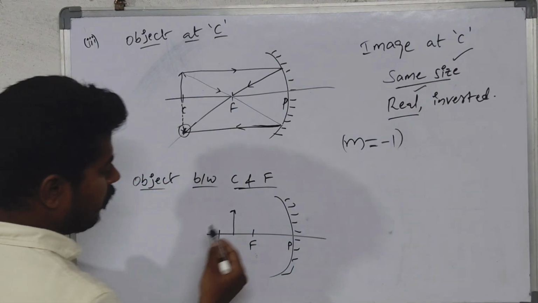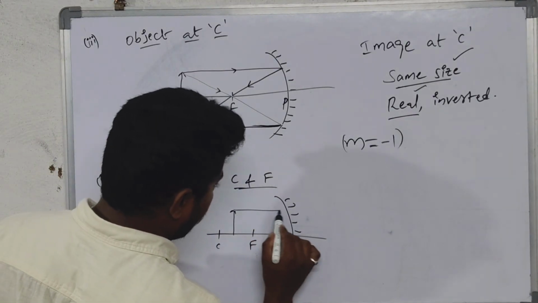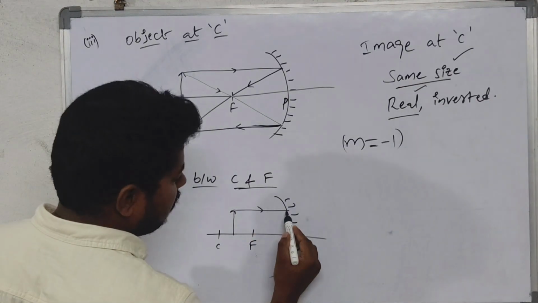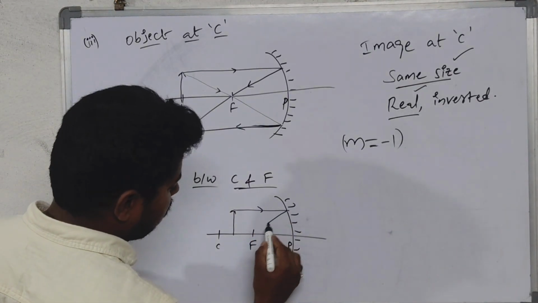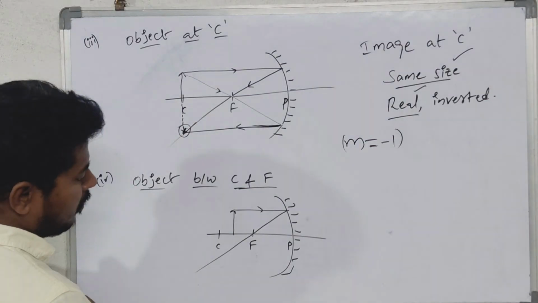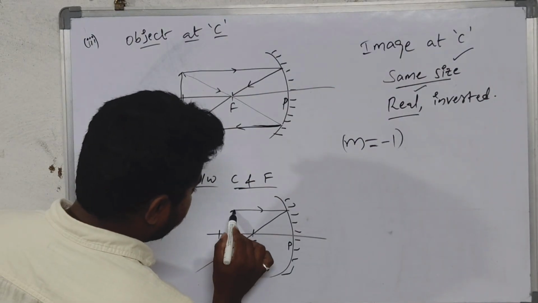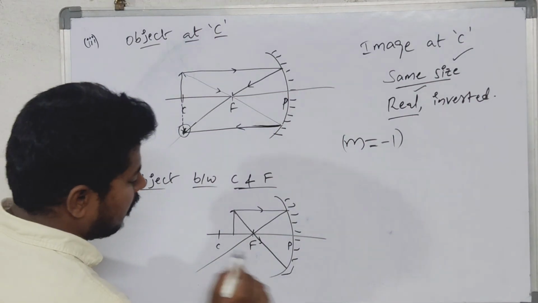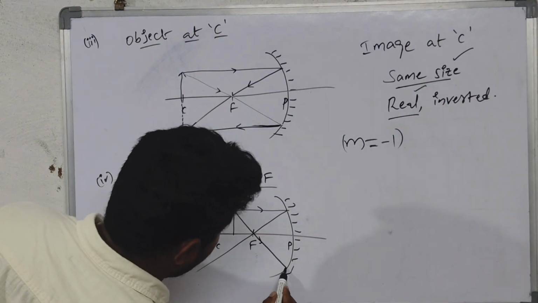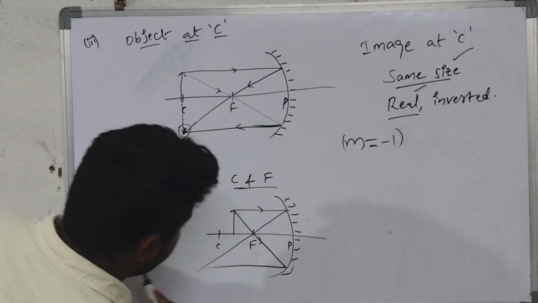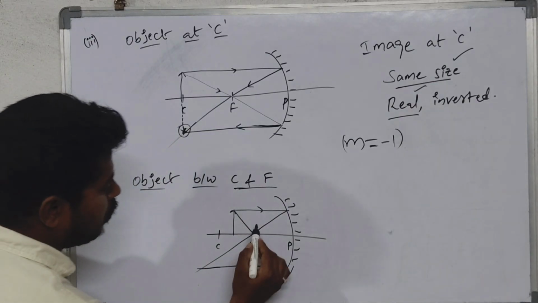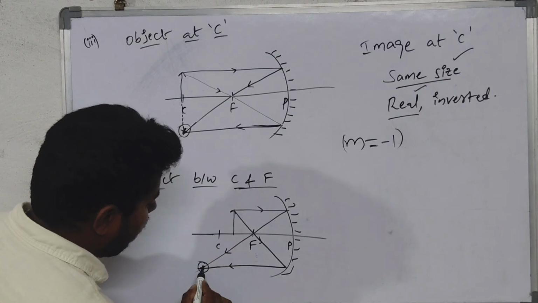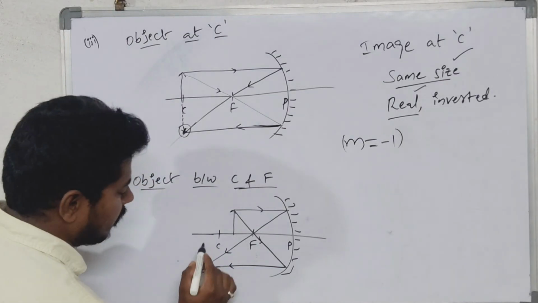This is our object. We can use the first rule: the ray parallel to the principal axis strikes the mirror, and after reflection passes through the focus. Clear? And we can use the second rule also. Second rule, the ray passes through the focus and strikes the mirror, and after reflection it becomes parallel to the principal axis. These two reflected rays intersect here, at a point exactly beyond the center of curvature.